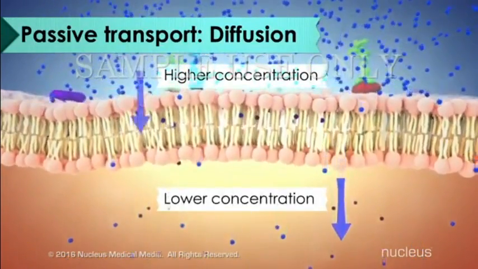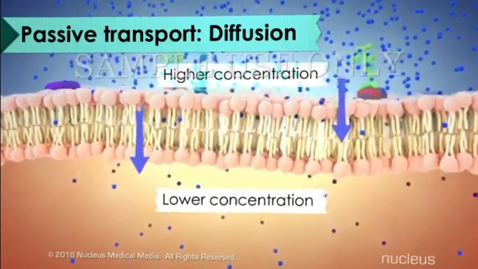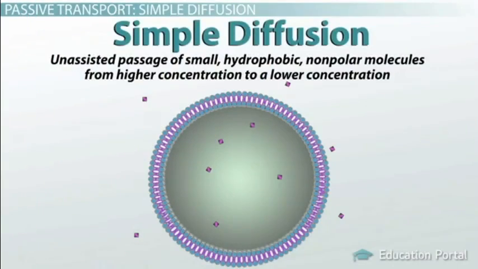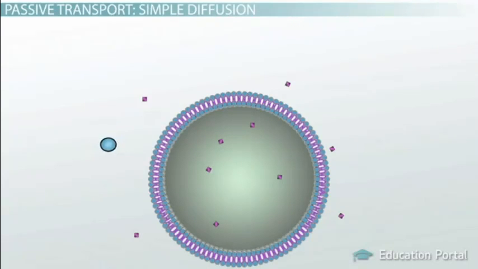The cell doesn't use any energy when this happens. Simple diffusion is the unassisted passage of small, hydrophobic, nonpolar molecules from higher concentration to lower concentration. Very small molecules can slip through the cell membrane too, even if they are hydrophilic, just like a few ants might crawl through a crack in the wall just because they're tiny.